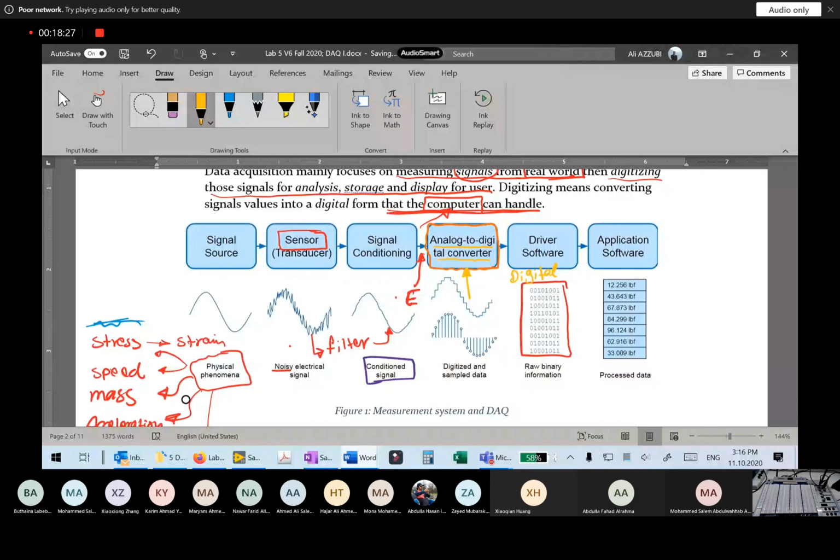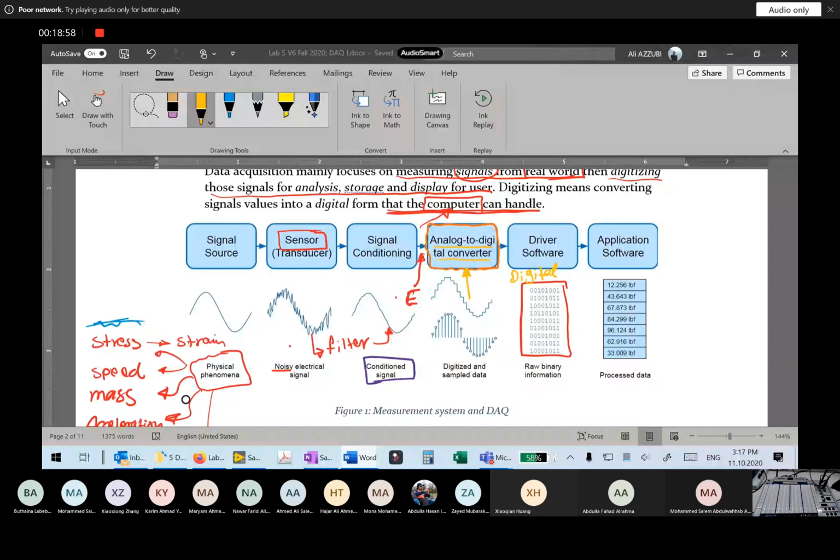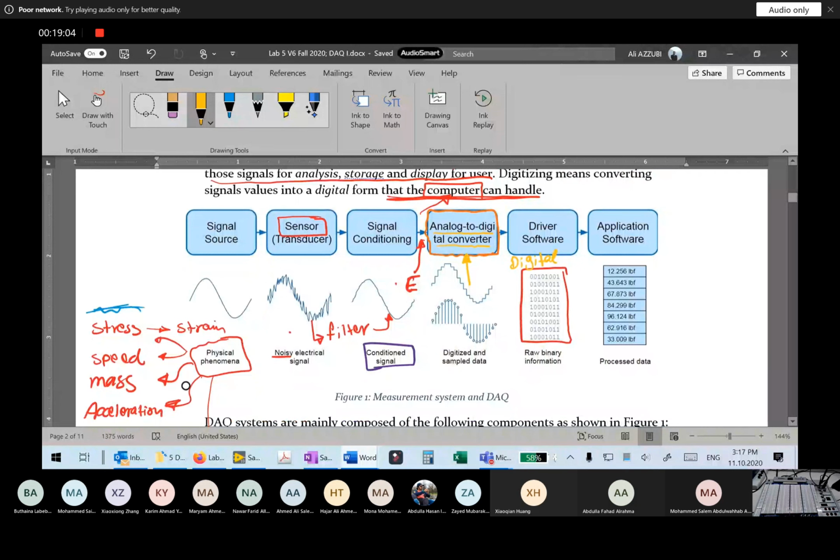So the objective today is to understand the basic terminology involved in these analog to digital converters and how to handle the digital form.